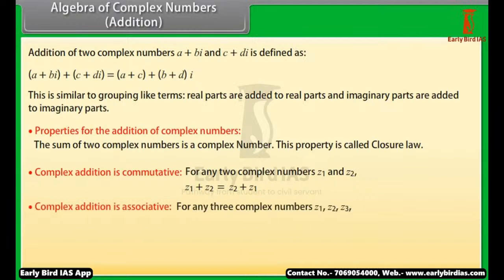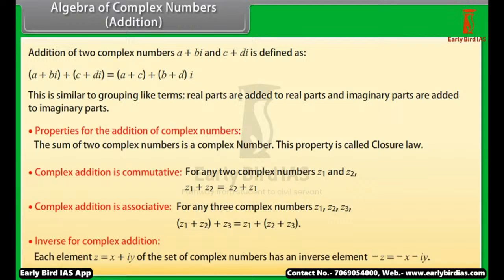For any three complex numbers Z1, Z2, Z3, Z1 plus Z2 plus Z3 is equal to Z1 plus Z2 plus Z3. Inverse for complex addition. Each element Z is equal to x plus iota y of the set of complex numbers has an inverse element. Minus z is equal to minus x minus iota y.